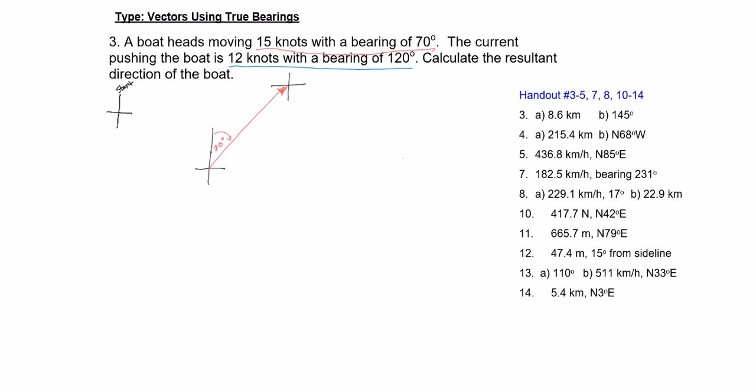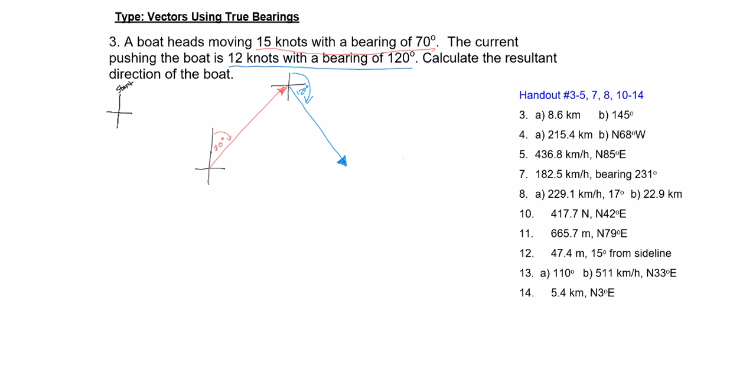The boat is pushing in that direction. So it's very similar to what we did before, but essentially we end up with a vector that looks like this, where this angle here, from here all the way around, is 120 degrees.